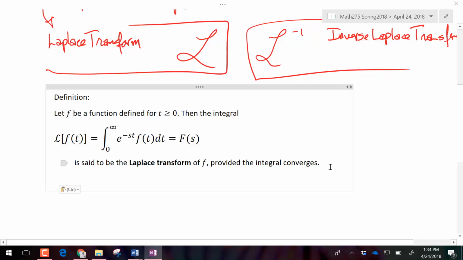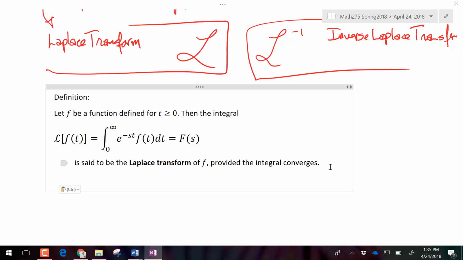So the Laplace transform is defined by an integral. An integral, an infinite integral, where S is going to be the new parameter or the new variable you're going to have. The T is the old parameter or the old variable that you have.